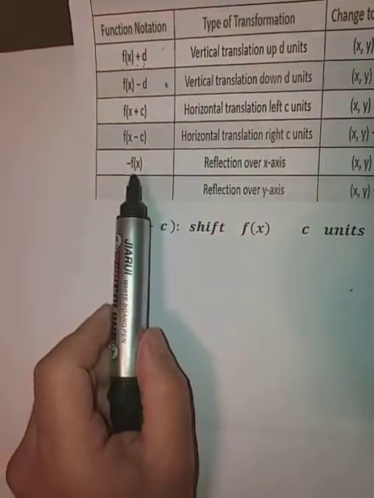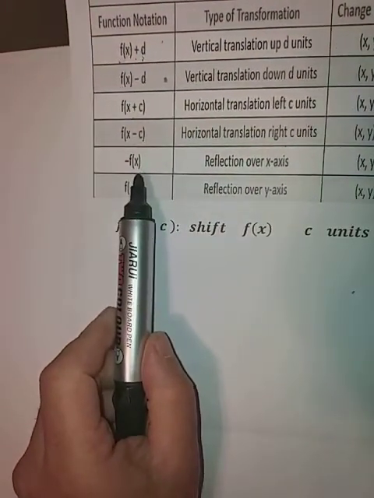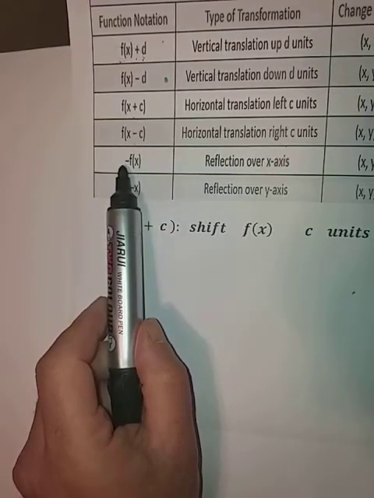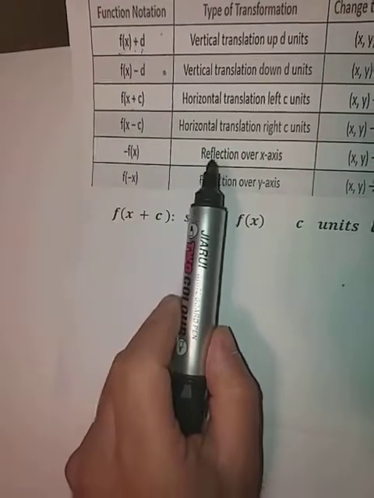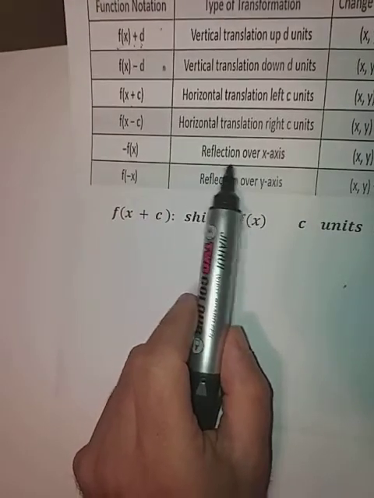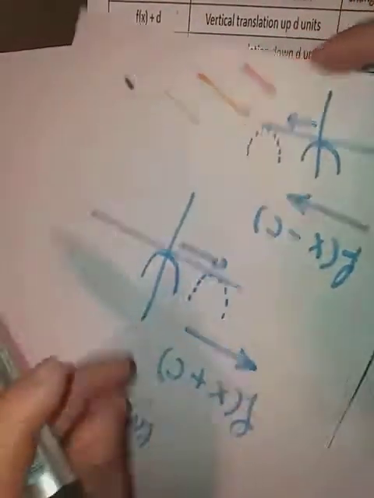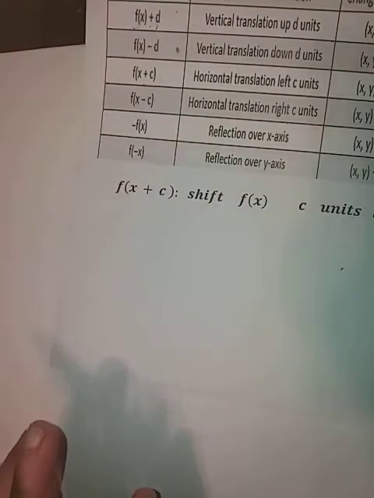If you have a minus before the bracket, before the function, minus outside the bracket, then this means reflection. Reflect about the x-axis. Reflect about the x-axis is this one.